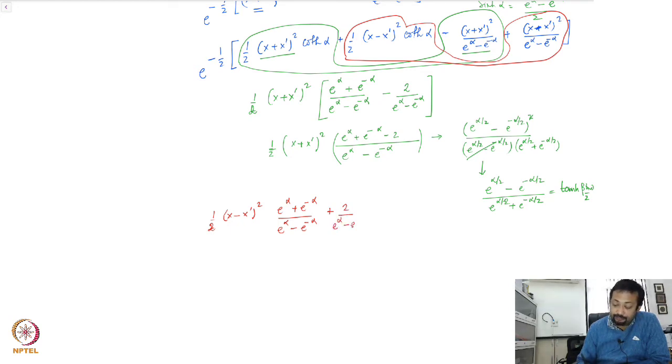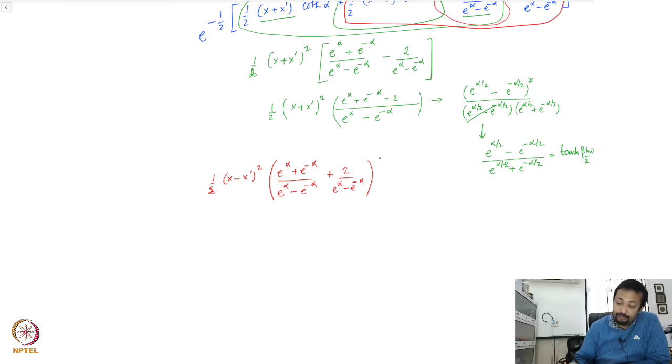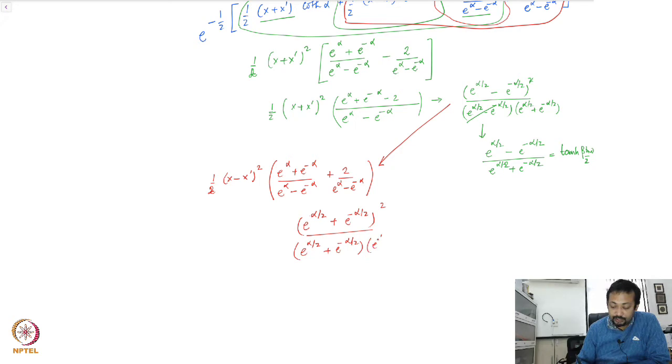Following the same route, one comes up with (e to the power alpha by 2 plus e to the power minus alpha by 2) whole square divided by (e to the power alpha by 2 plus e to the power minus alpha by 2) times (e to the power alpha by 2 minus e to the power minus alpha by 2), and this you immediately see is going to be coth of beta h bar omega by 2.